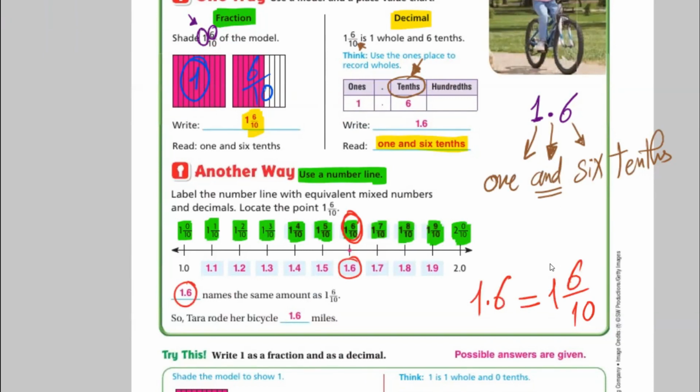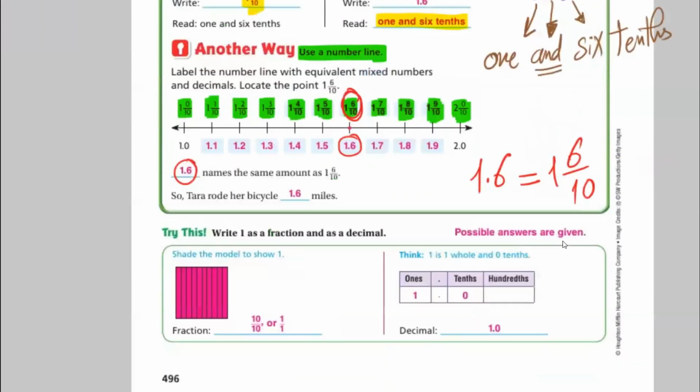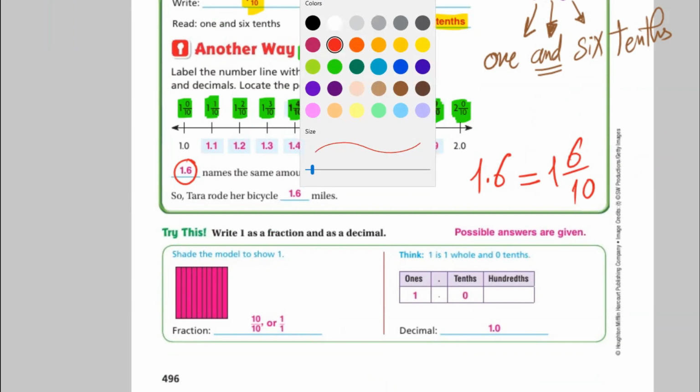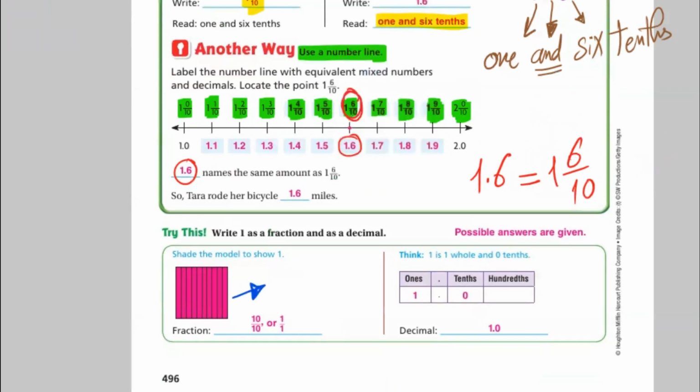Okay, after that, as we all know, if you see the whole square or the whole parts are shaded, it means equal one whole. So we can write this one as one whole because it's 10 over 10, and we all know 10 over 10 equals 1. Okay, you have 1 minute to complete this, and let's move to the next page.